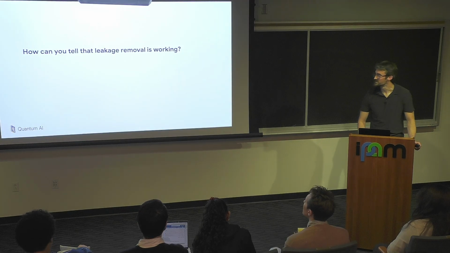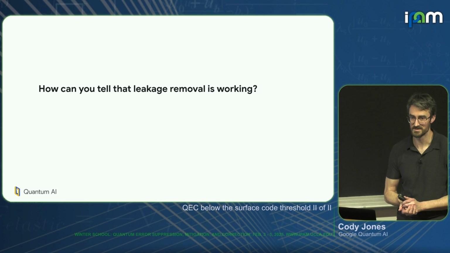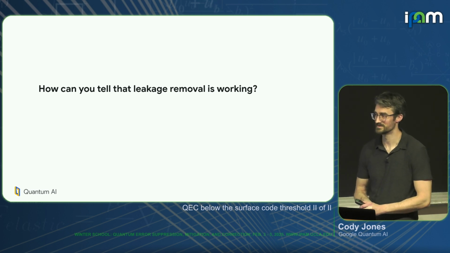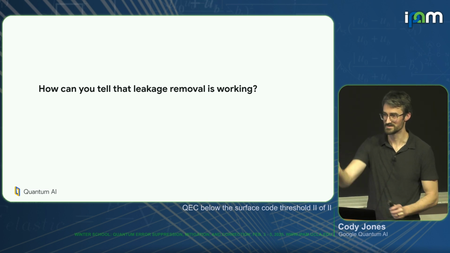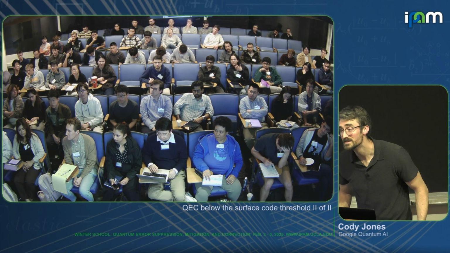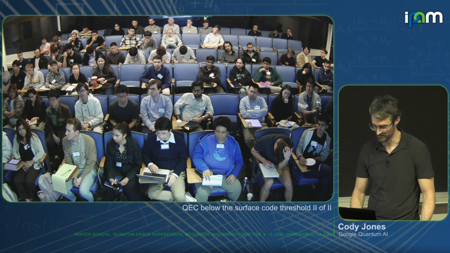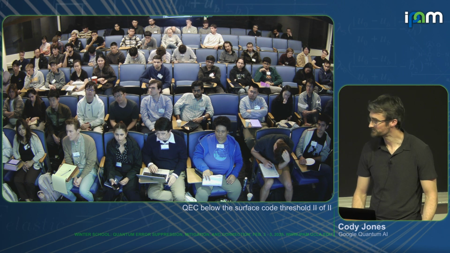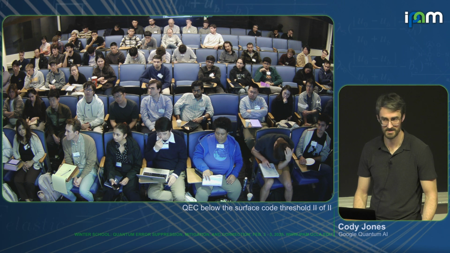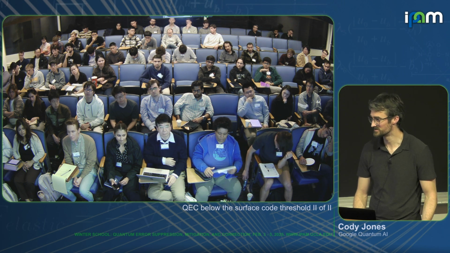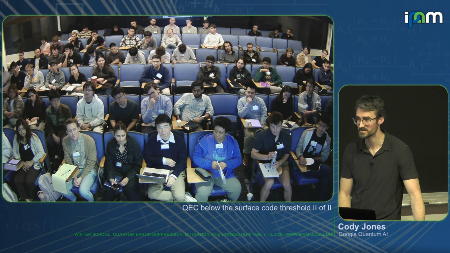Okay, discussion questions. How can you tell that leakage removal is working? Yeah, that's definitely one way you can tell. Any other additional answers or alternative ways you can see that leakage removal is working?